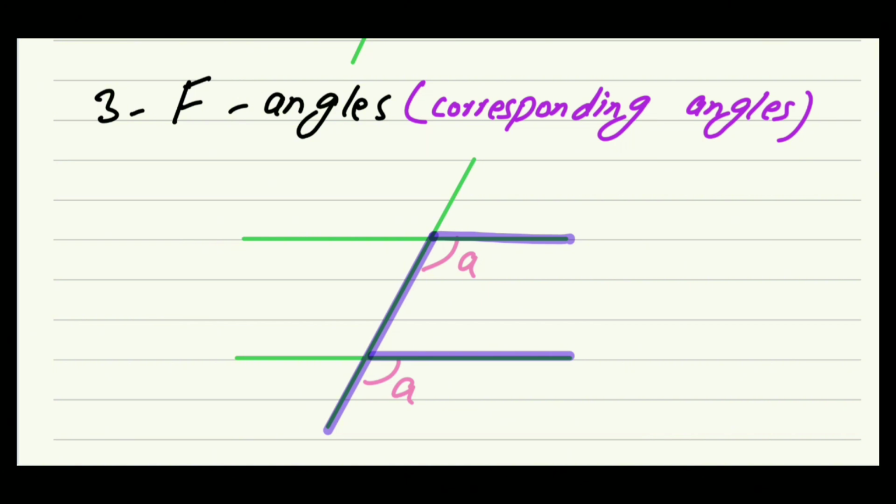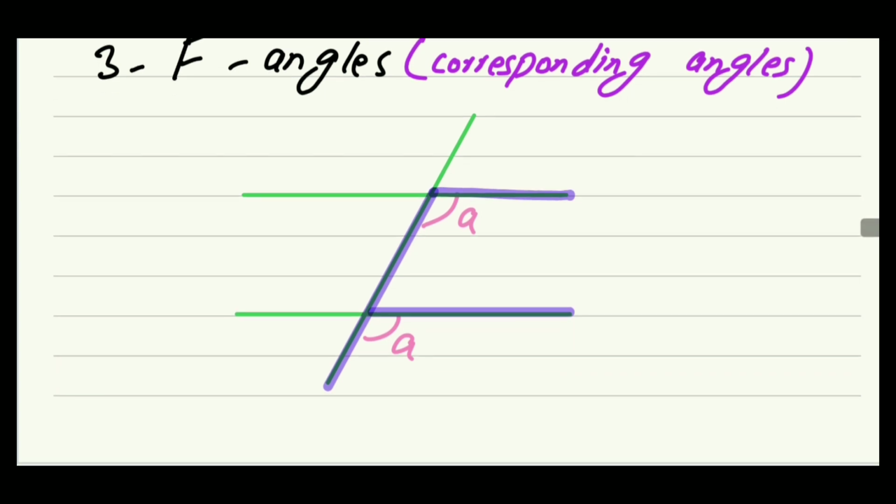The angles that are making an F shape will be same. What is the other F shape that you can see here? This is the other F shape, and the angles inside F are this one and this one. So they should be same.